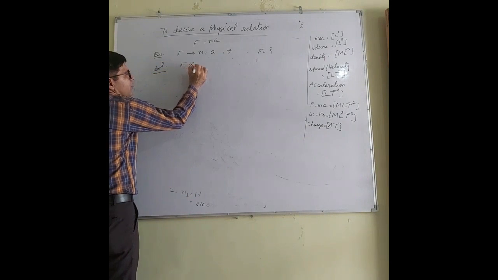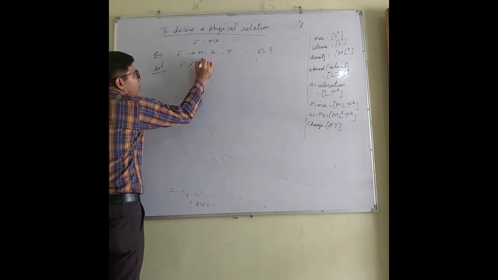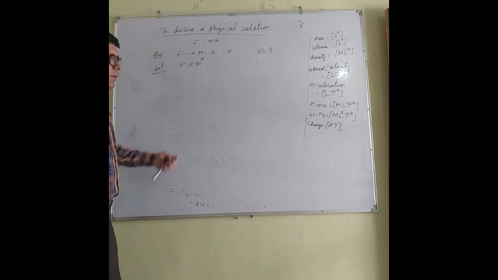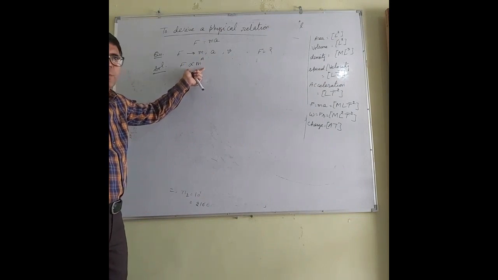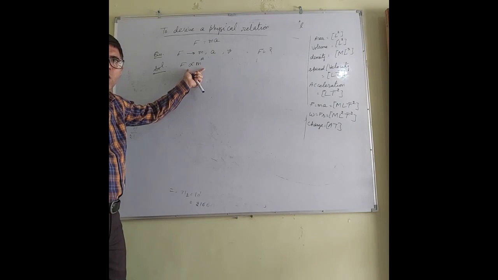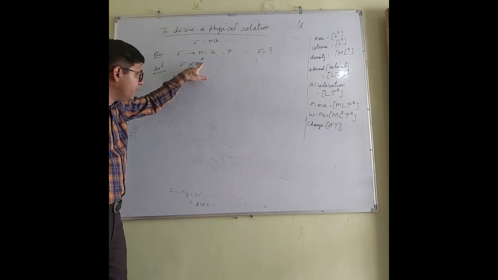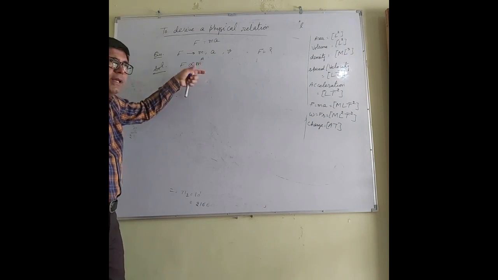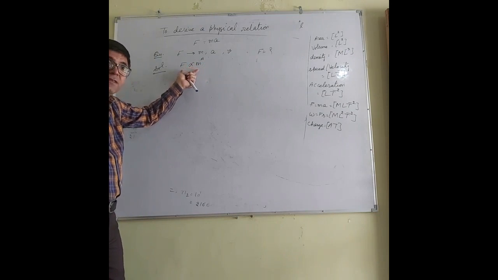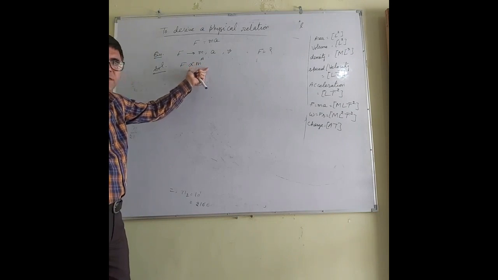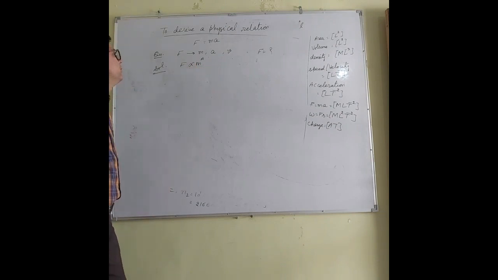Force is directly proportional to m to the power a. Now you will ask, force will be inversely proportional to the mass also. Listen, if a is negative, automatically the relation will be an inverse relation. If a is positive, then it will be a direct relation.